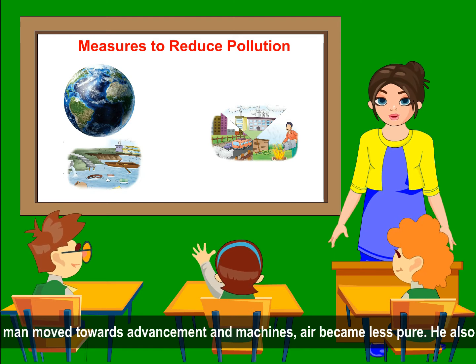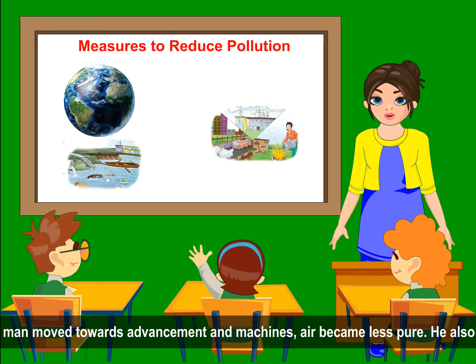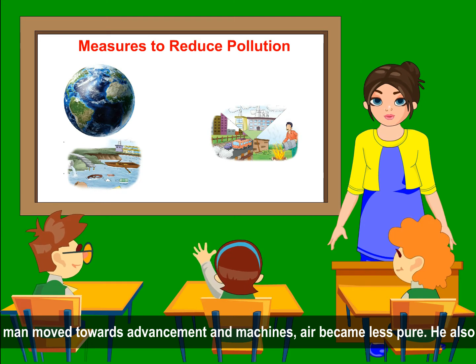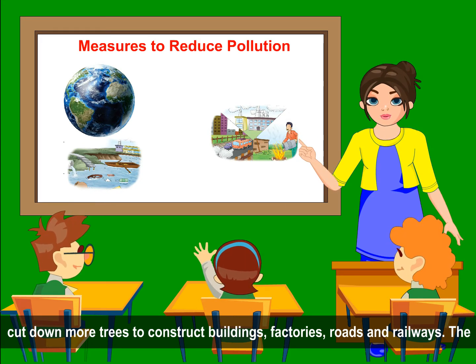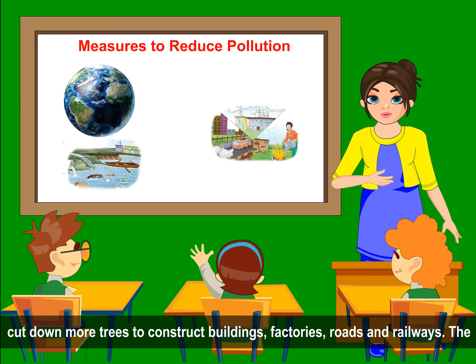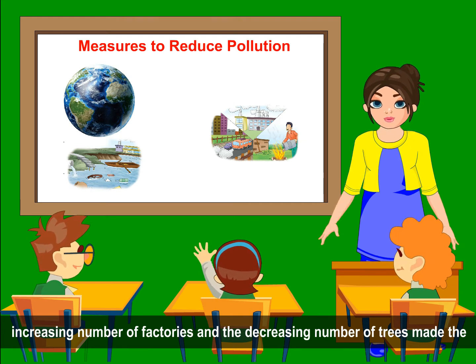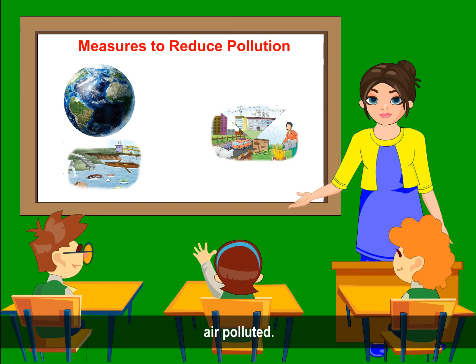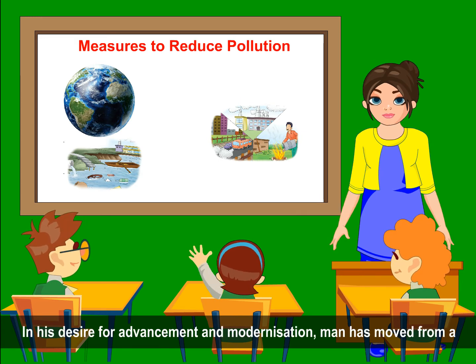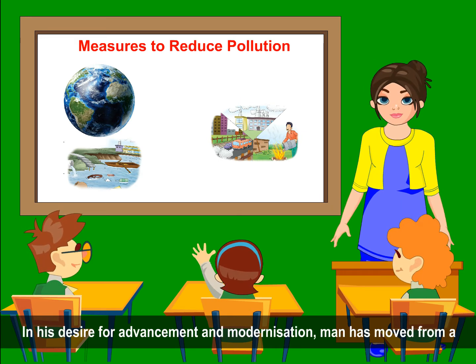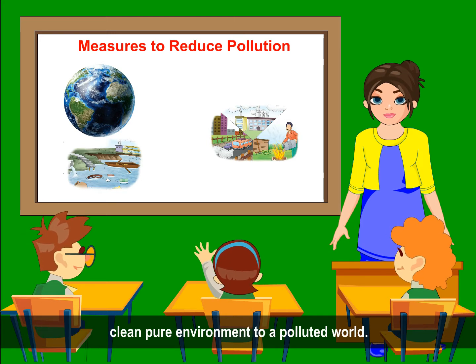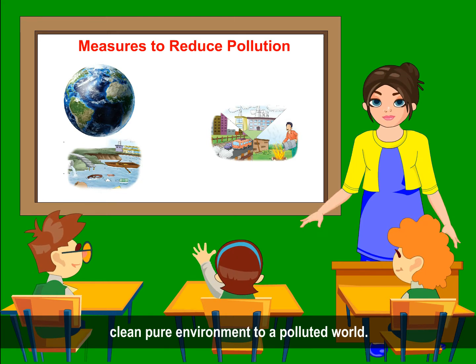As man moved toward advancement and machines, air became less pure. He also cut down more trees to construct buildings, factories, roads and railways. The increasing numbers of factories and the decreasing number of trees made the air polluted. In his desire for advancement and modernization, man has moved from a clean, pure environment to a polluted world.